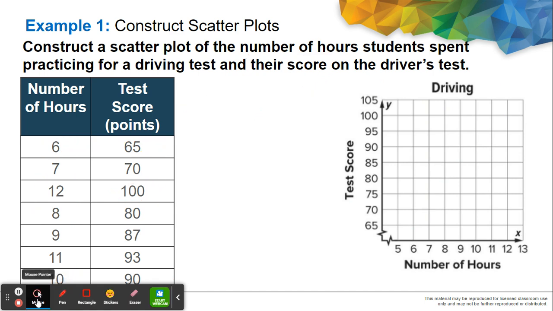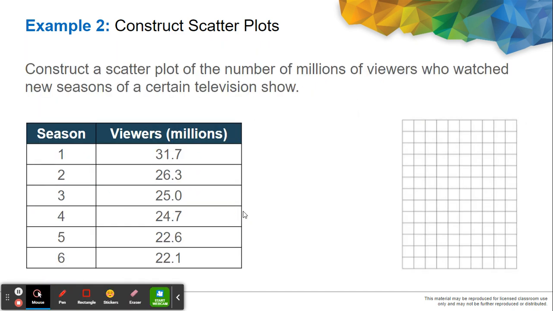Okay, let's have another example. So construct a scatter plot of the number of millions of viewers who watch new seasons of a certain television show. So as you can see here, this data is about a TV show.